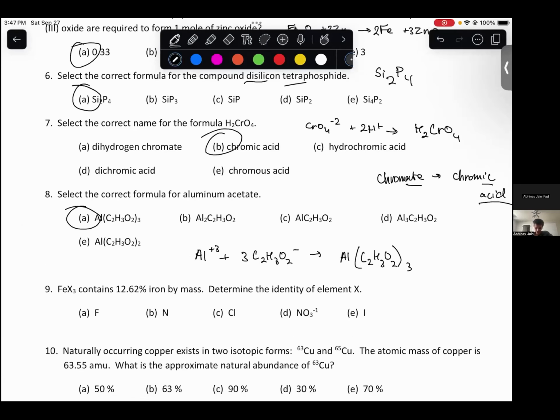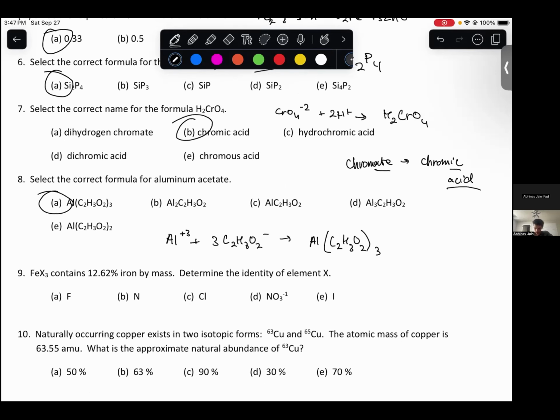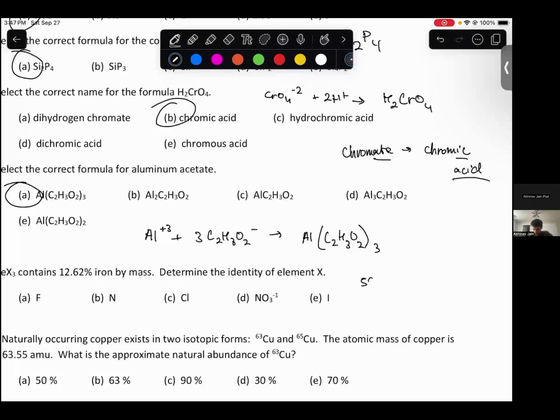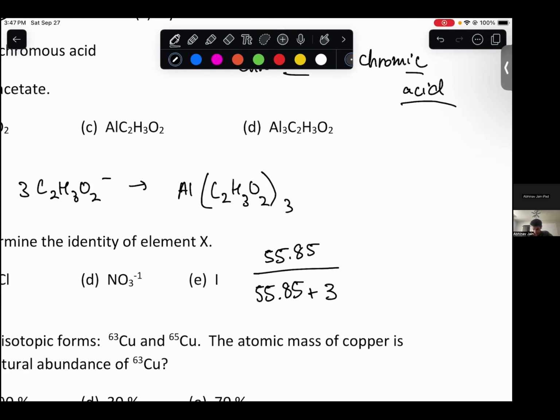Next up, FeX3 contains 12.62% iron by mass. Determine the identity of element X. The mass of iron, which is 55.85 grams, divided by the total mass of the compound, 55.85 plus 3 times the molar mass of X, which we don't know. I'm just going to call it 3 times mmx.